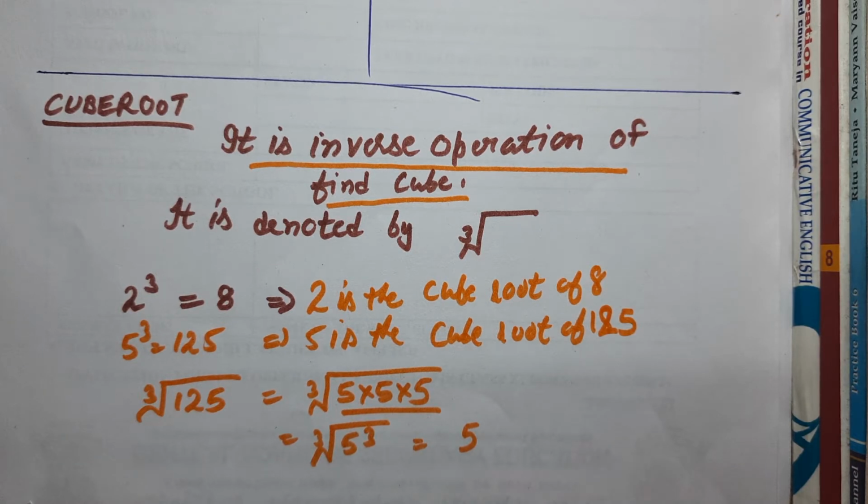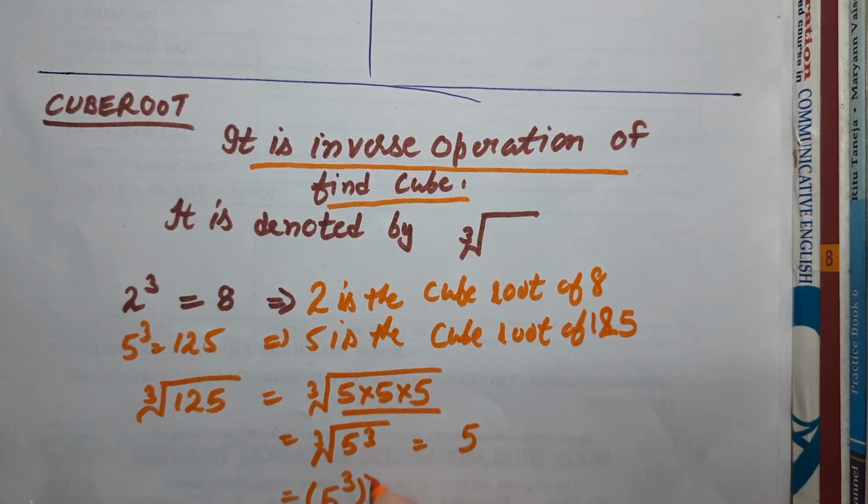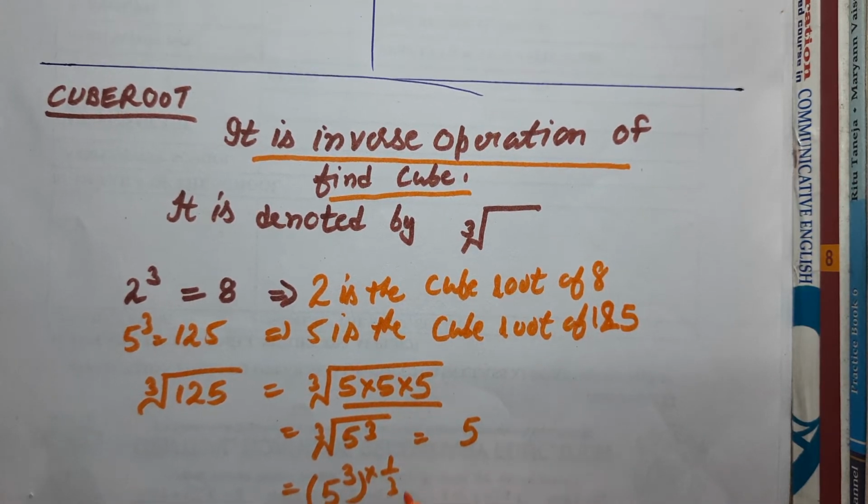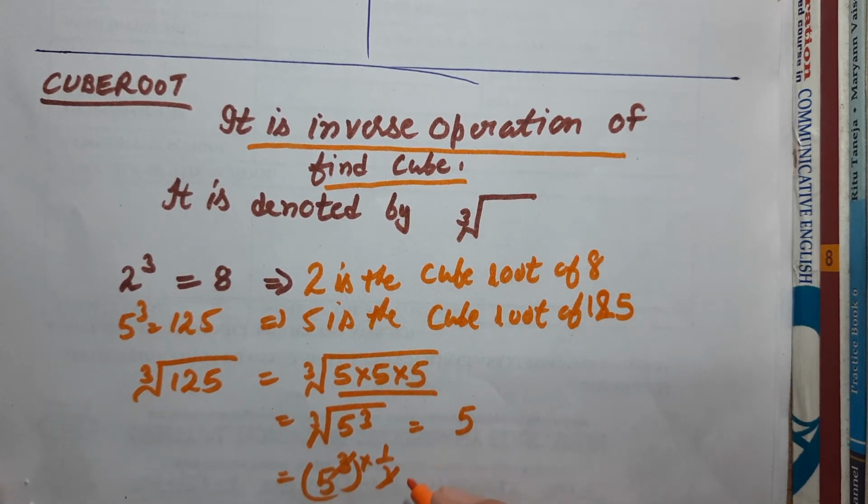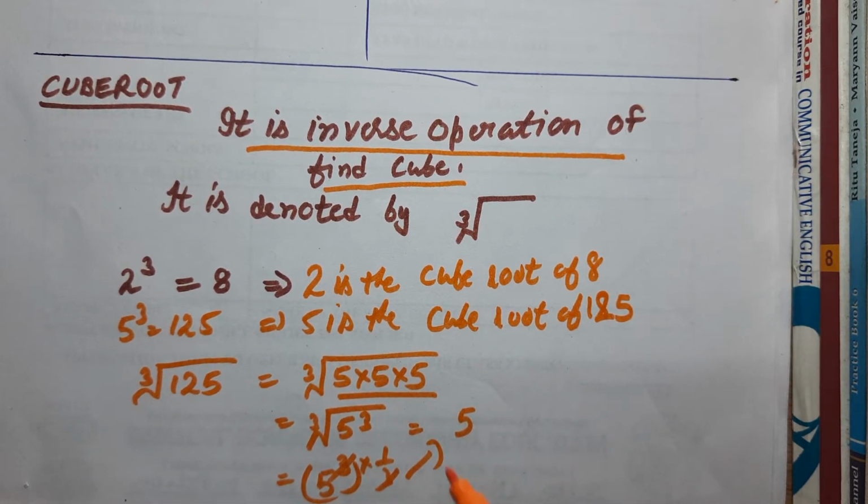So the cube root of 125 is 5. Or there is a procedure: 5 raised to the power 3 into 1 upon 3. You can cut, so our answer will be equal to 5. But for the sake of simplicity, we can make the triplet and take one common value, and that will be our cube root. So now we will be finding cube root by the prime factorization method.